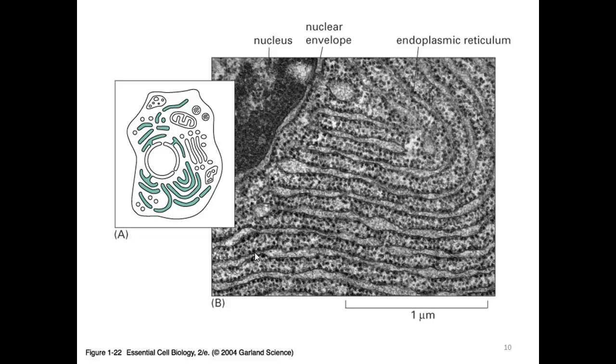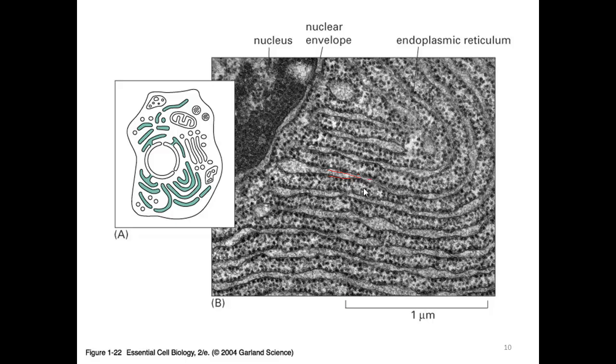Here we see an electron micrograph, and you can see the ribosomes dotting the endoplasmic reticulum, which is a membrane-based vesicle, and it's this dotted appearance from the ribosomes that refers to this portion of the endoplasmic reticulum as the rough endoplasmic reticulum. There's also a smooth endoplasmic reticulum, which we won't talk a lot about in the course.